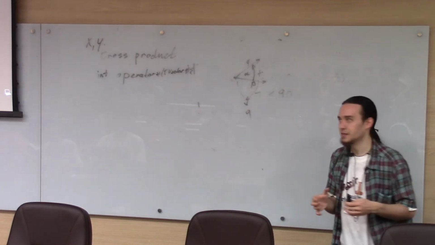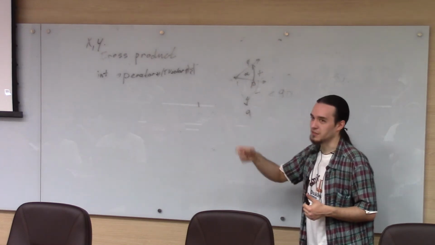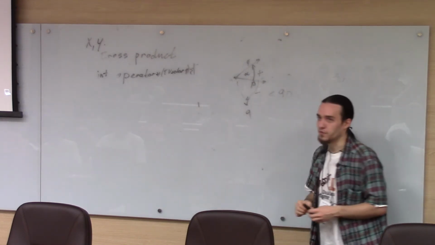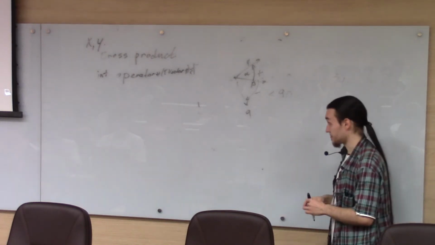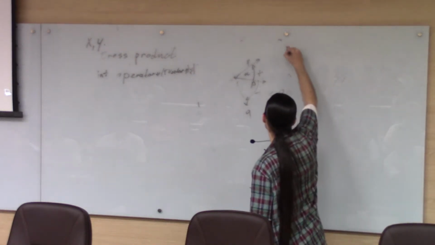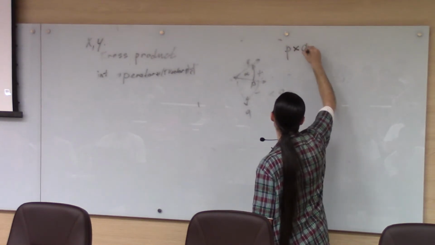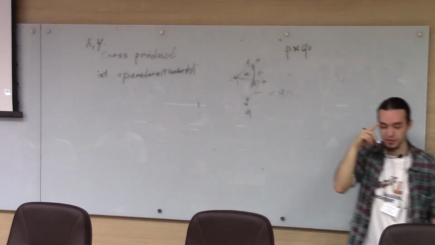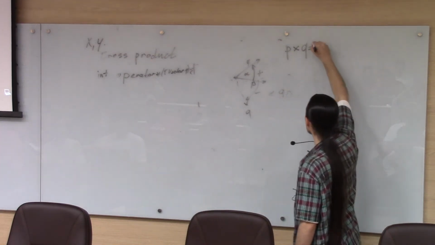The direction of the angle doesn't matter for cosine, but it matters for the cross product that we're about to define.